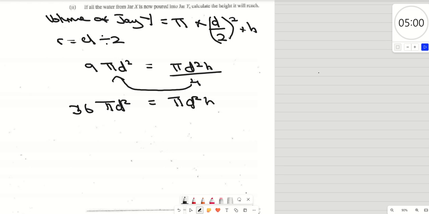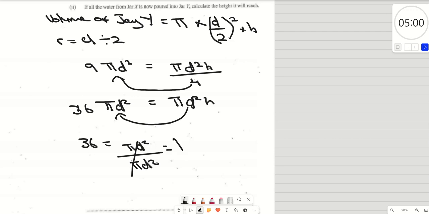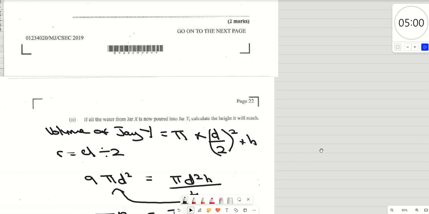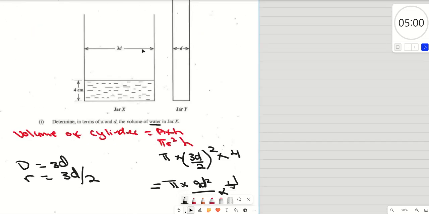You want to make h the subject, so you're going to carry across pi D squared, so h is equal to 36 pi D squared divided by pi D squared. This will cancel out each other, and what would remain is the height. So how much is your height? 36 centimeters.